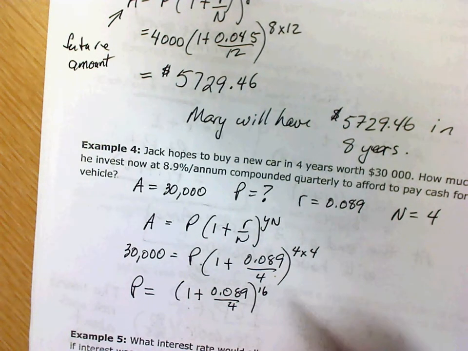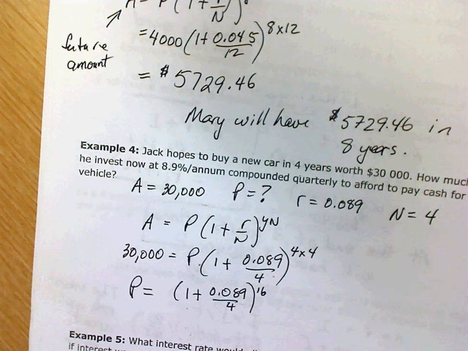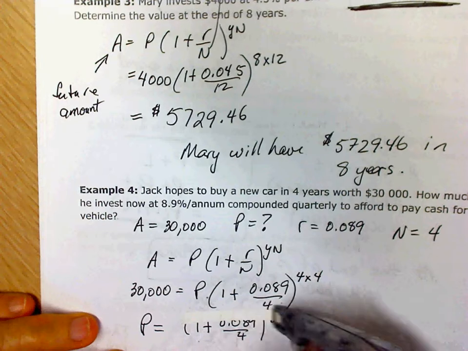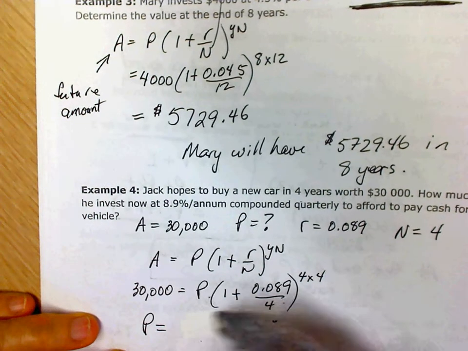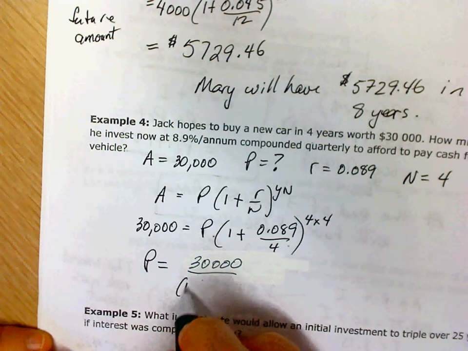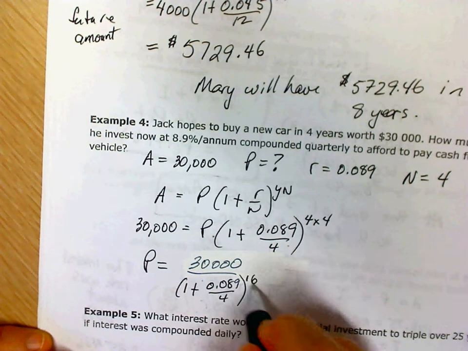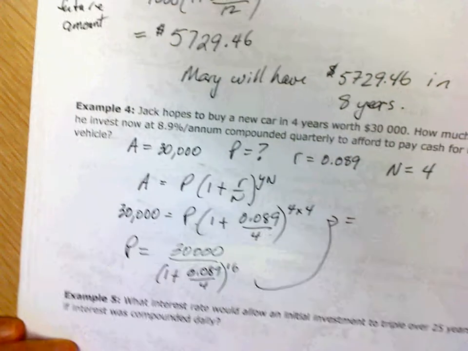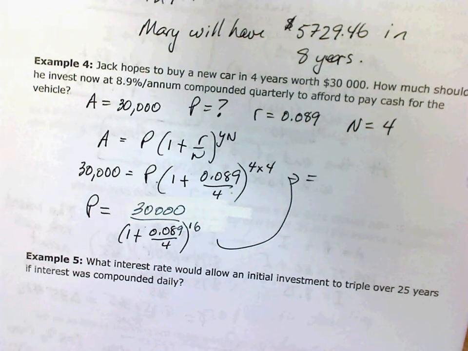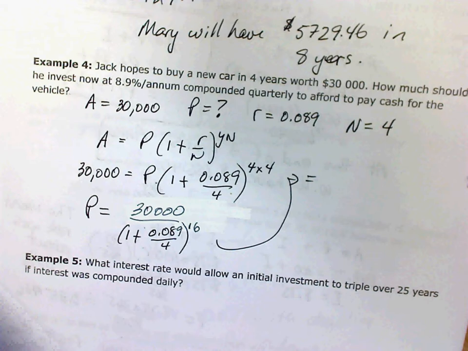Oh, I'm sleeping. Hold it a sec. P equals 30,000 divided by that, right? P equals 30,000 divided by 1 plus 0.089 over 4 to the 16. And that is equal to, well, let's do it. 30,000 divided by open bracket 1 plus 0.089 divided by 4 close bracket to the exponent 16.